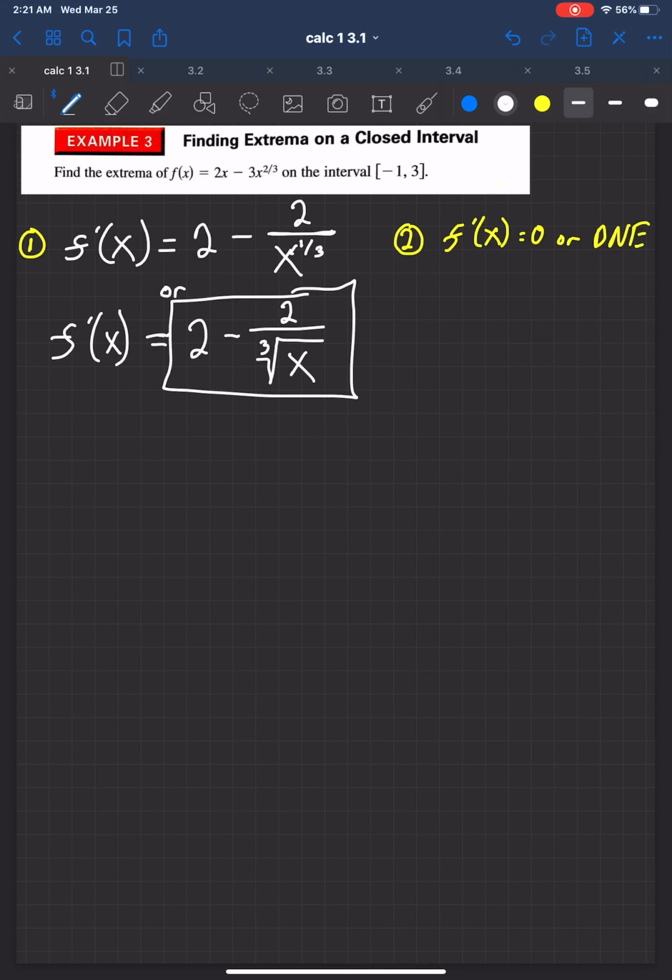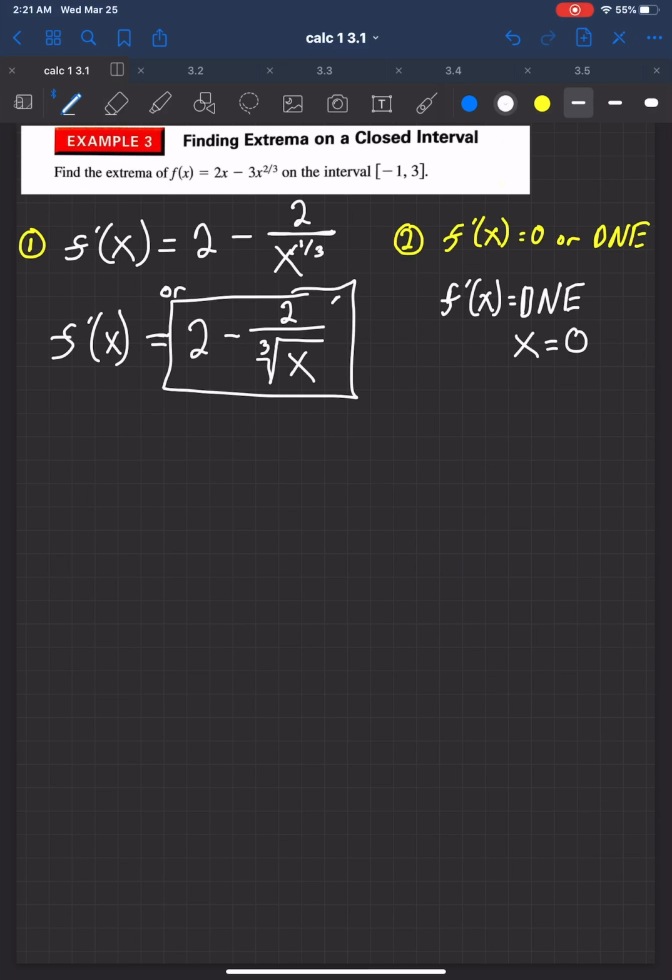And let's you and I agree that the derivative does not exist when x is equal to what? Are you thinking 0? Exactly. Because if you choose x as 0, then you would be dividing this fraction here by 0.